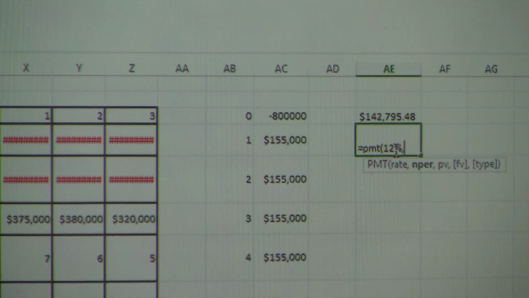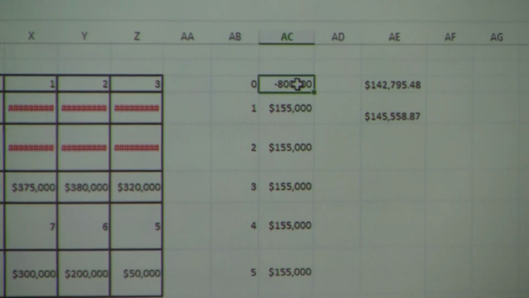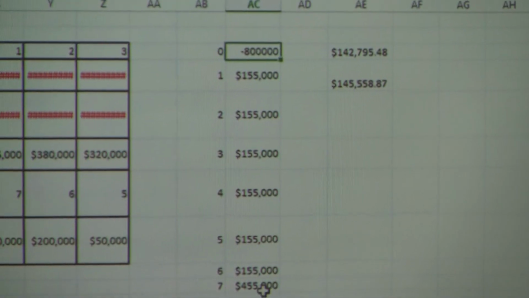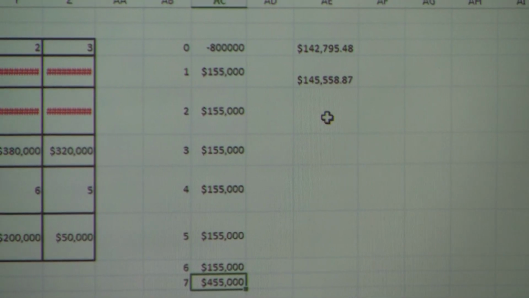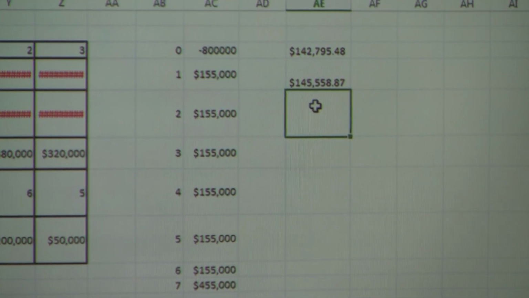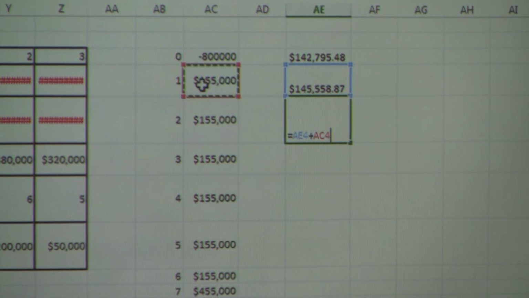So let's do it again, let's do it right. 12%. Number of periods is 7. Present value is my upfront cost. Future value is the $300,000 that I sell it for. No type. That's converting the present value and the $300,000 that I sell this for into equal payments over 7 years. Now, I add that value.